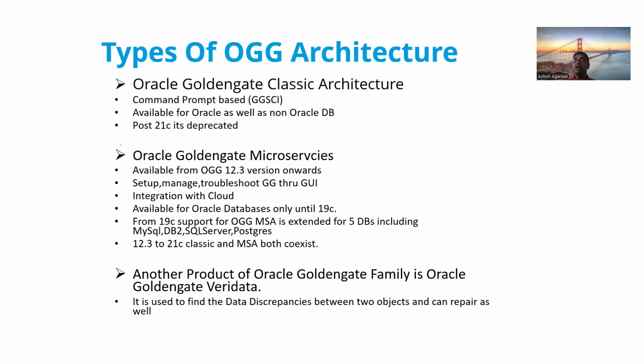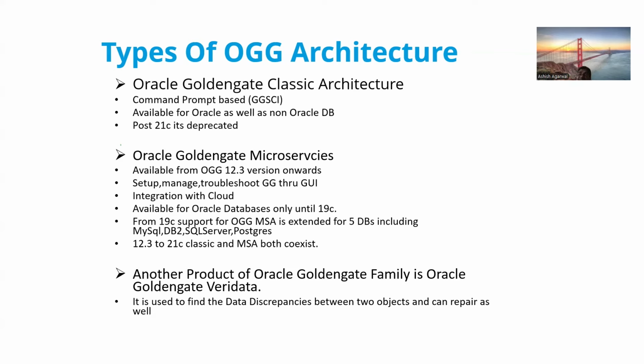Let us discuss that. Oracle GoldenGate family as a whole contains three things: classic architecture, microservices, and Veridata. If you go out for any job support, any interview, anything related to GoldenGate will come from these three things: classic architecture, microservices, and Veridata. Okay, so these are the three things which are part of the Oracle GoldenGate family.